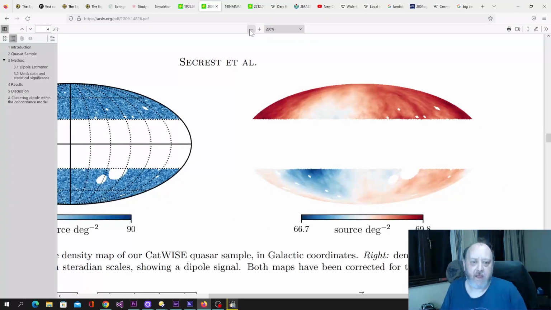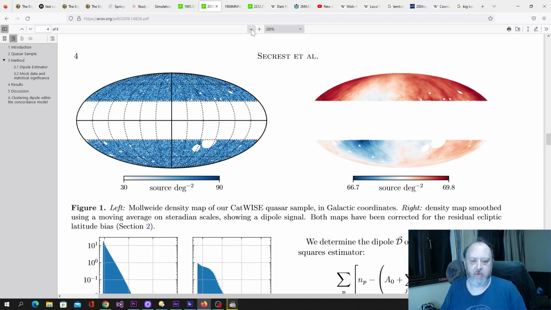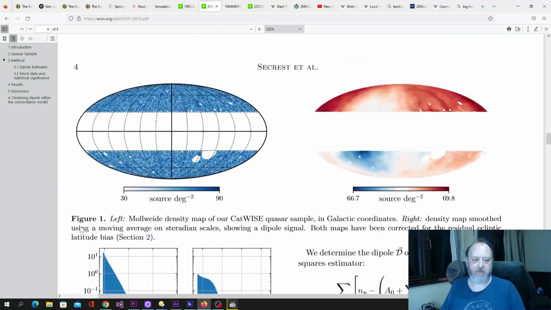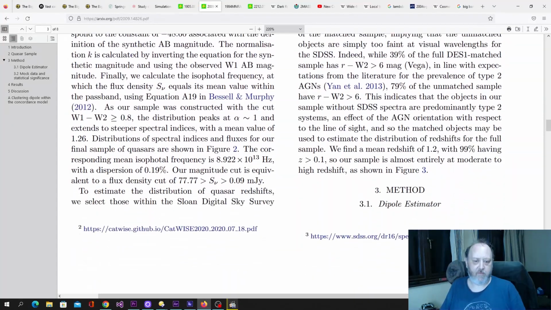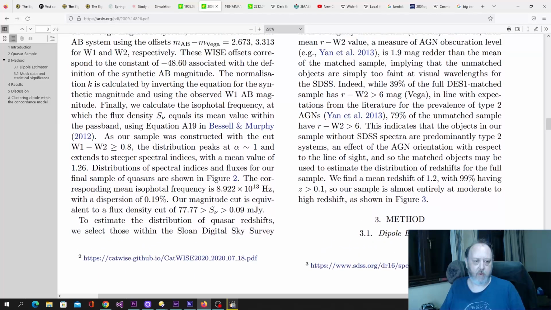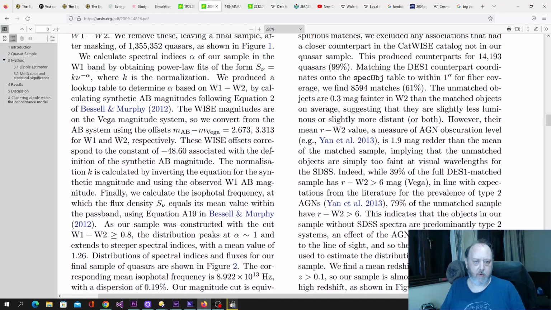So I think that's what's actually being shown. Both methods have corrected for the residual ecliptic latitude bias. That's figure 1. We calculate spectral indices alpha over a sample in the W1 band by taking power law fits of the form S ∝ ν^-α.